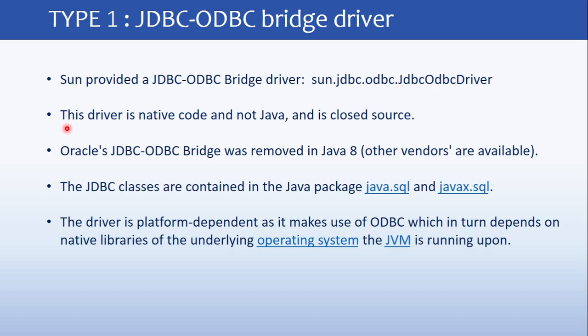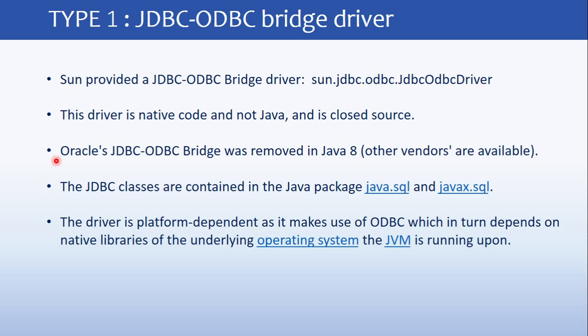The second point is that all these drivers are written in native code. Native code means written in C or C++ language, but not in Java, and this native code is in a closed form, it cannot be opened. The third point is that Oracle's JDBC-ODBC bridge driver was removed in Java 8.